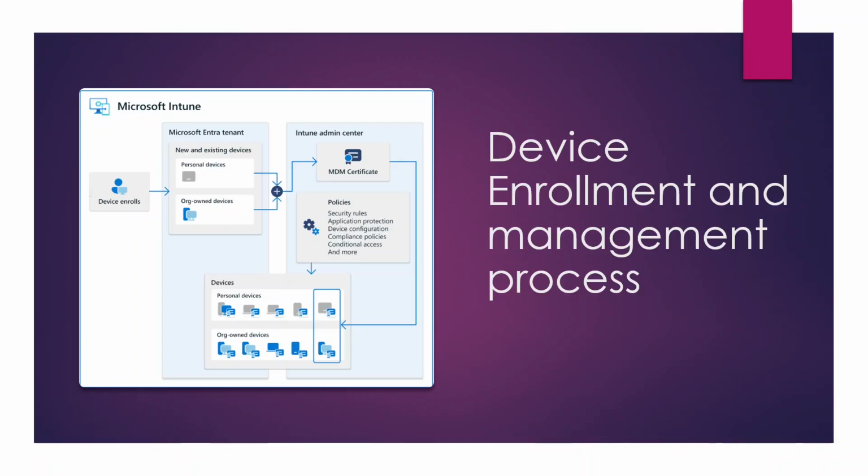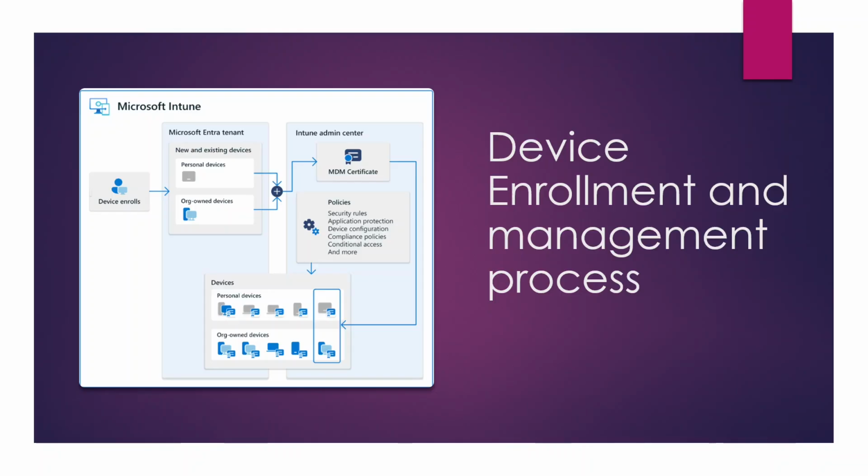The device may either be a personally owned device, which is commonly referred to as BYOD, or a corporate owned device. Once the enrollment begins, the device communicates with the Microsoft Intune Admin Center. Intune uses an MDM certificate to establish a trusted management relationship with the device. MDM here stands for Mobile Device Management.